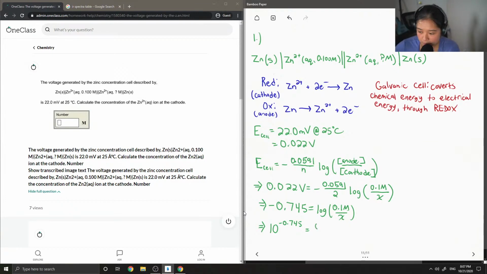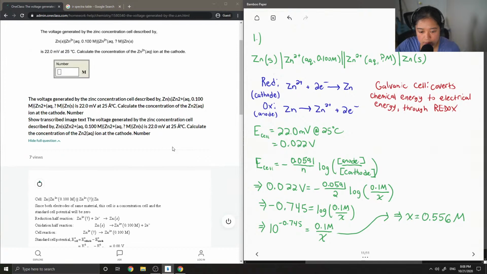And then you end up with 0.1 over X. Let's bring it over here. So then your final answer should be X is equal to 0.556 molar.